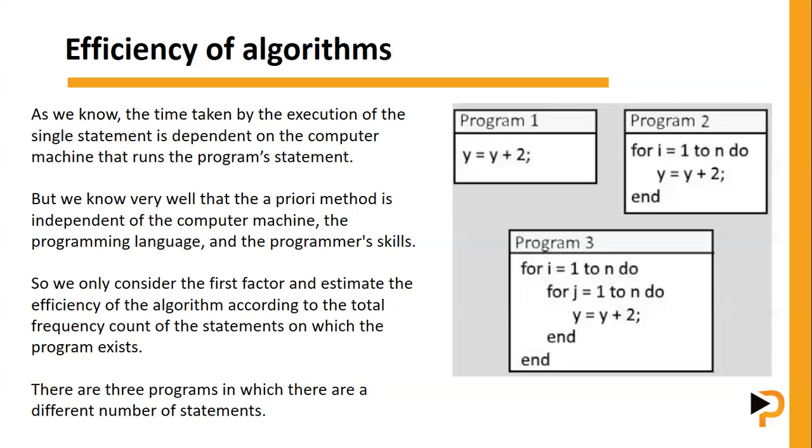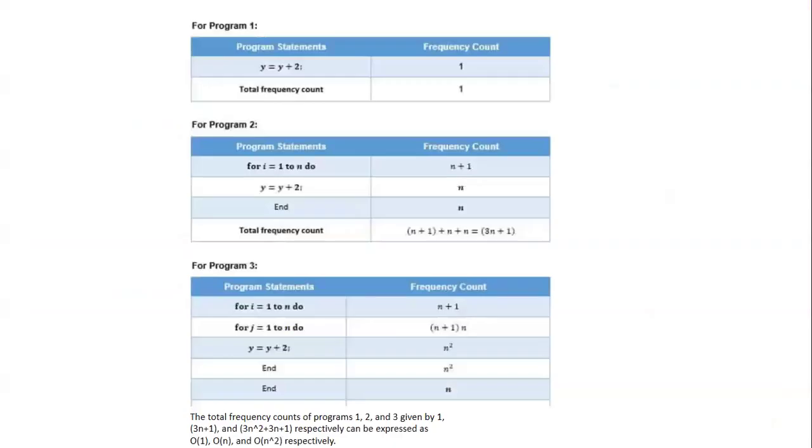Based on that, we calculate the efficiency of the algorithm. So we understood that in calculating the complexity of an algorithm, we try to understand the number of steps, the number of instructions we have to execute, and accordingly we calculate the complexity.